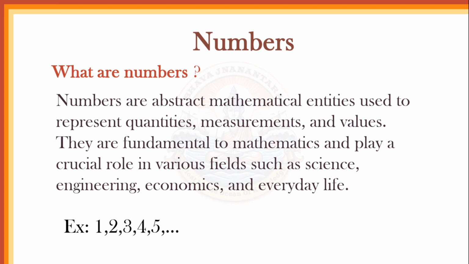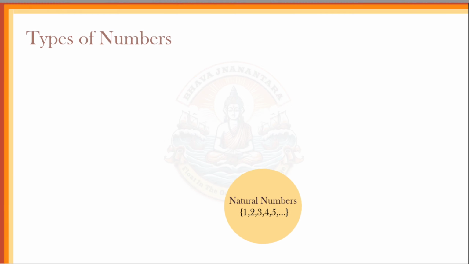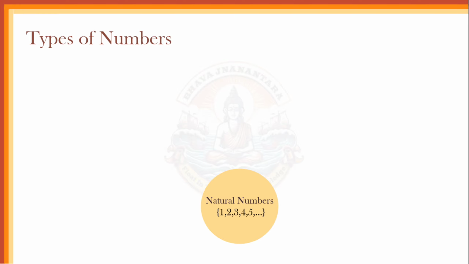As we have just discussed, numbers are essential in various fields and aspects of our lives. Well, these numbers can be categorized into different types based on their properties. Firstly, we have natural numbers, which are the positive integers starting from 1 and extending infinitely. They are the numbers we use for counting.